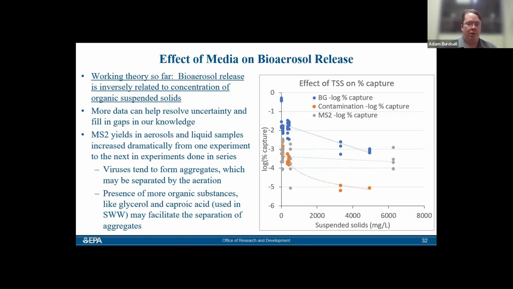In the MS2 experiments, especially those containing large numbers of organic substances, the apparent yield in both the liquid and the aerosol samples increased, so that each experiment shows a higher yield than the one before it in the same series. These viruses stick together, as I said, but they also tend to get separated by each dose of the aeration, causing the detected aerosol concentrations to increase over time with each new experiment.